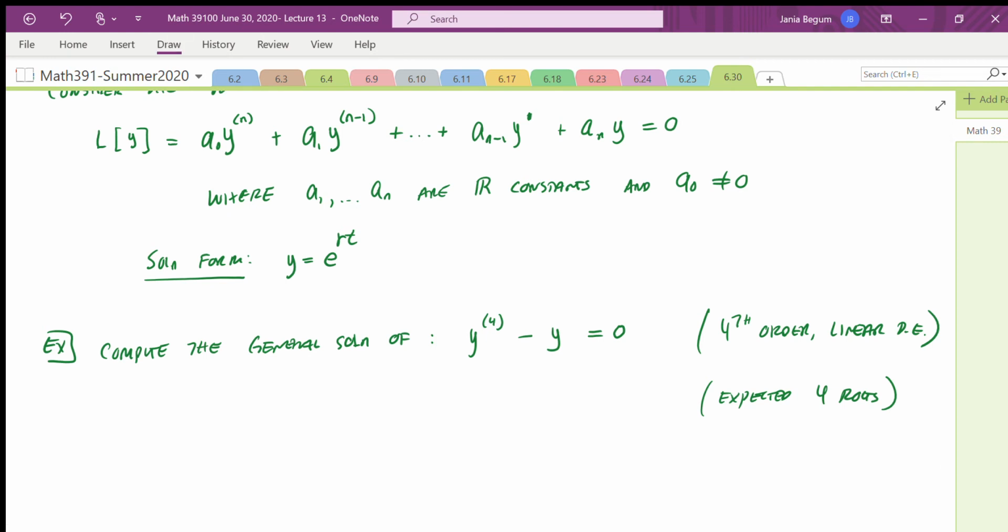Let's proceed and write out its characteristic polynomial. It's going to be r to the 4 minus 1 equals 0. Here you want to practice some of your algebraic technique, where you have to know how to factor a fourth-degree polynomial. Do you remember how to factor this?